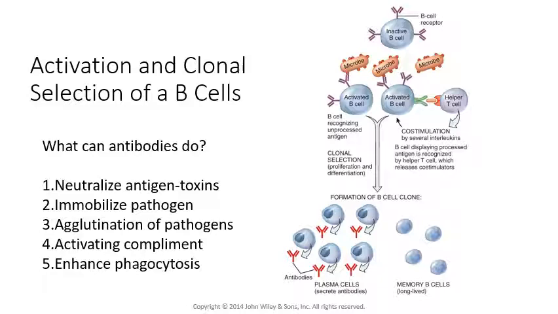A lot of pathogenic bacteria are capable of movement, but if we completely surround them with antibodies, then they're no longer capable of moving so that they can be spotted by a phagocyte of some sort. They can agglutinate them. Agglutination is connecting multiple different pathogenic cells together, so that they're kind of all locked with one another and they're not able to swim independently.